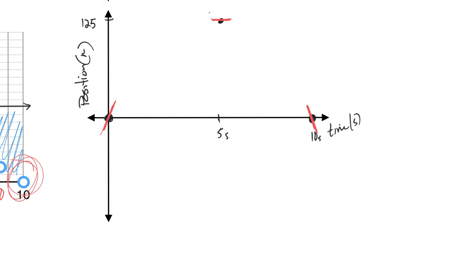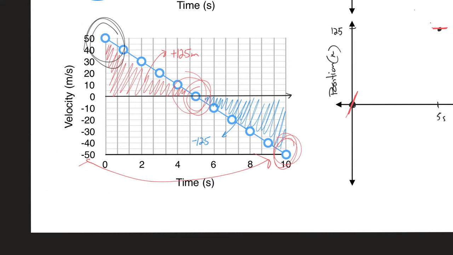I need now a way to connect these dots together that shows a smooth transition, right? I'm noticing over here that the transitions are uniform, right? There's no abrupt changes. There's no kinks in the graph here, which would produce discontinuities in the other graph.